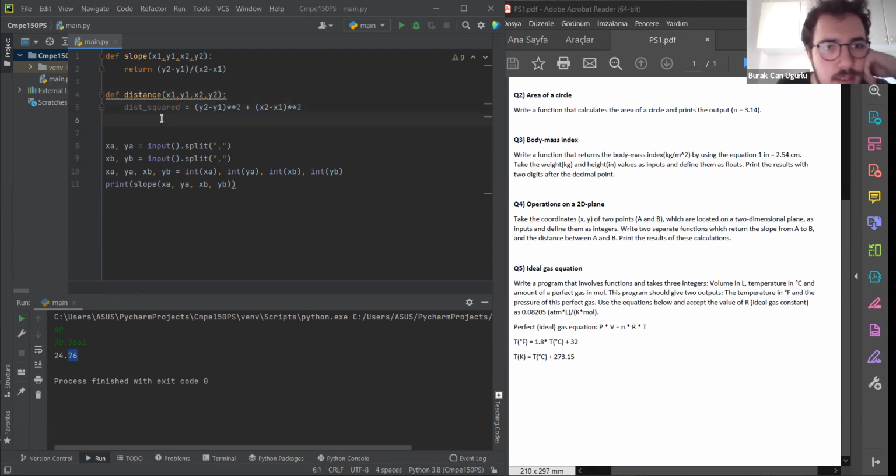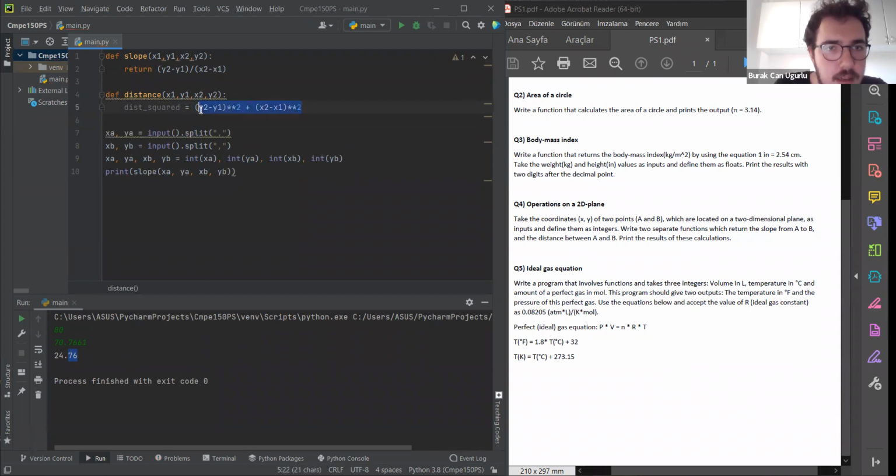So this is like the distance from these two y coordinates and the x coordinates, and you can think like that in the Pythagoras theorem we have a squared plus b squared, which is equal to c squared. So you can think of this y difference as b or a, and the x difference as also a or b, and we want the value of c. So this is the square of c, this equation.